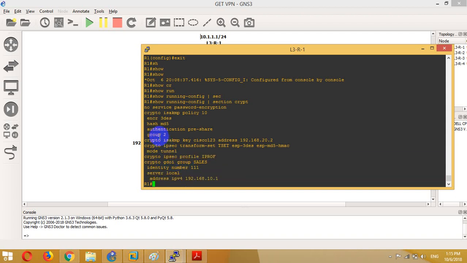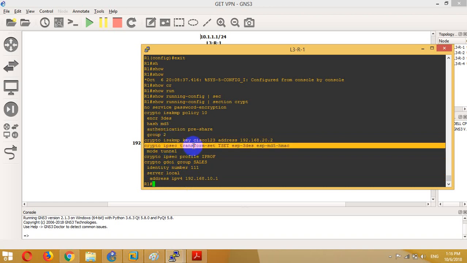So what else? Crypto authentication, crypto ISAKMP key, transform set.